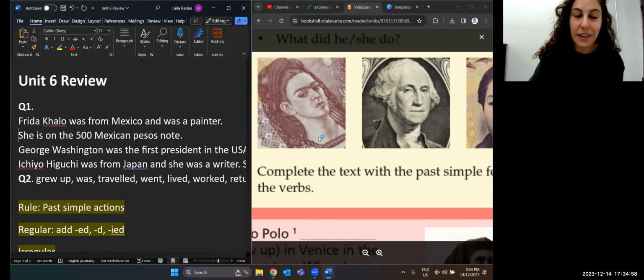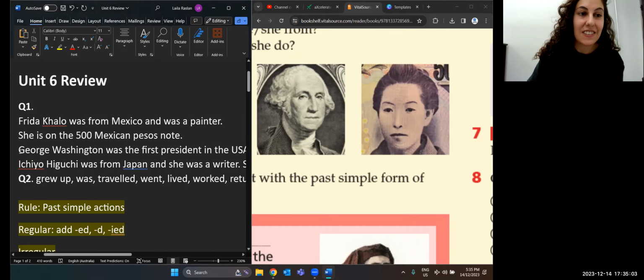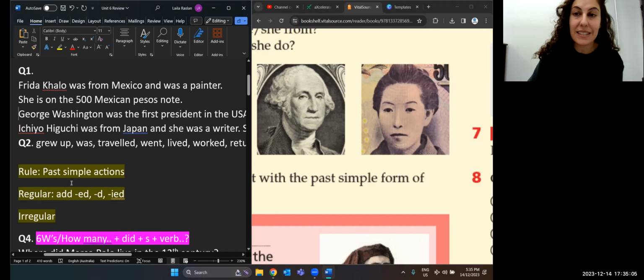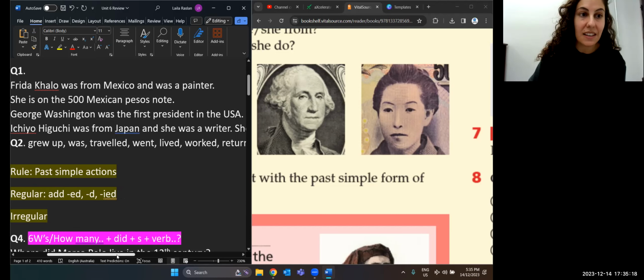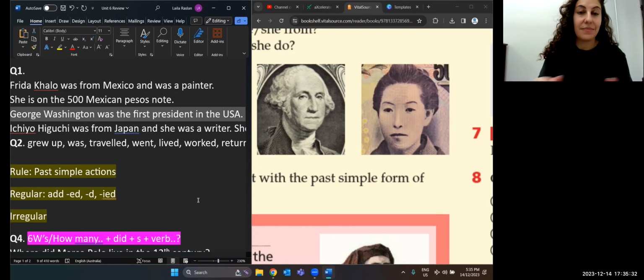Okay, next person. Do we remember this guy? George Washington. So let's use our past tense, simple, to talk about him. George Washington was, again, from the verb to be, was the first president in the USA. Very simple sentence. He's not now. That's why I'm not saying he is, because he is not the president right now, but he was the president.